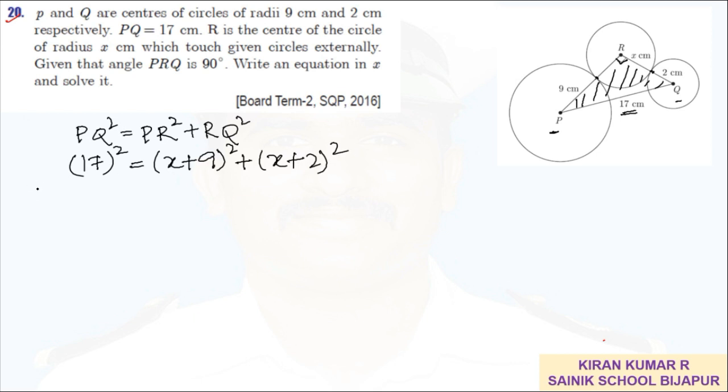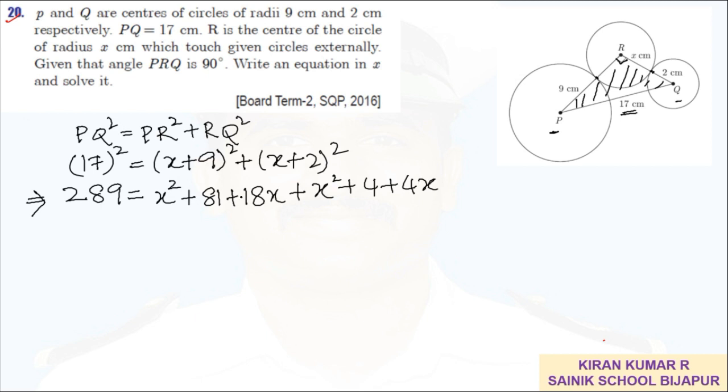Let's simplify this. 17 square is 289. x plus 9 whole square. Let me expand this. x square plus 81 plus 18x plus x square plus 4 plus 4x. Further, we can simplify this as x square plus x square, 2x square, positive 18 positive 4, upon addition it is positive 22x. 81 added to 4 is 85.